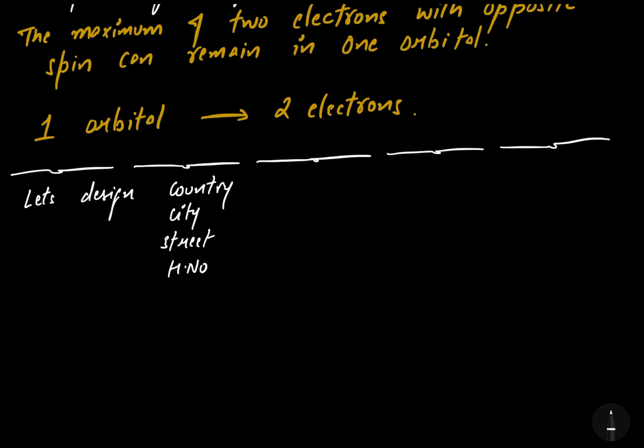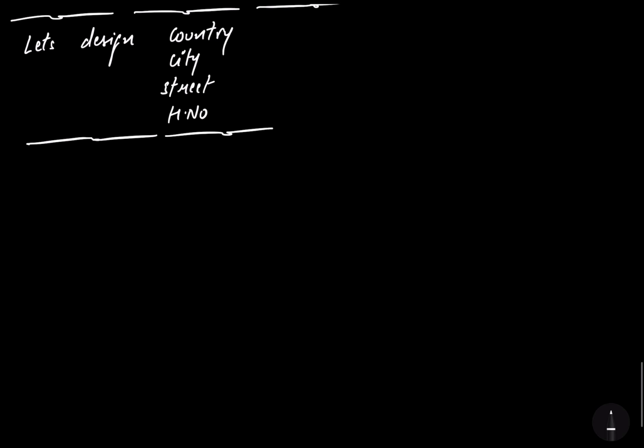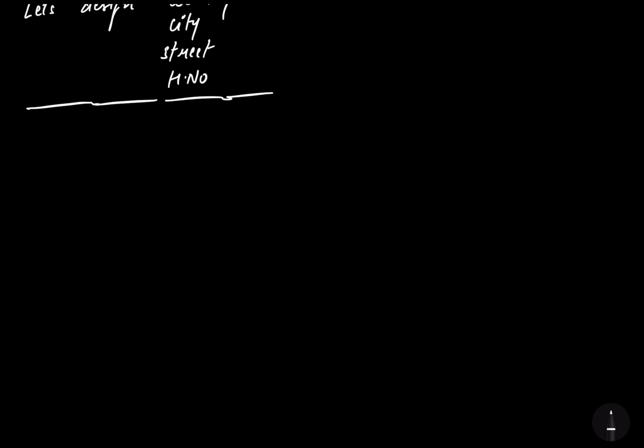Let's design all this for electrons, then we will talk about the presence of an electron in a particular house. So let's talk about the complete shell, subshell, orbitals and the electrons.